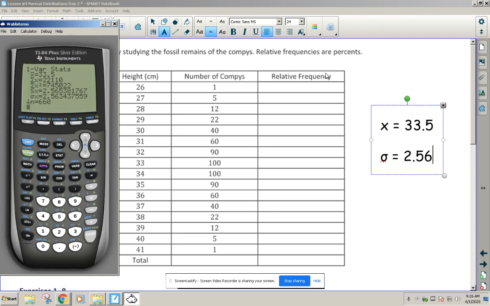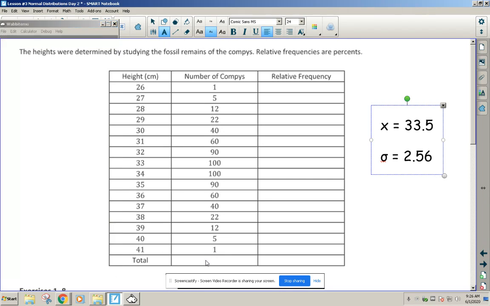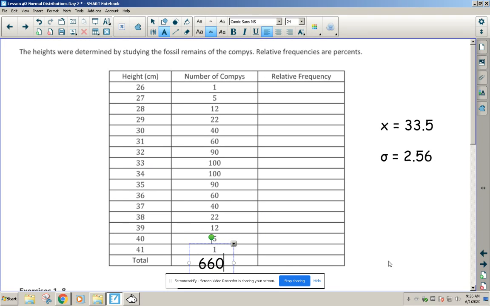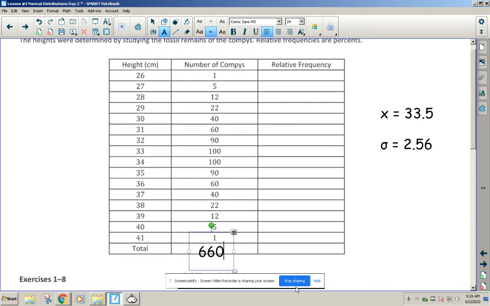Now, relative frequencies are percents. So we do a percent by saying, well, I have to know how many compies I have. So now look at, here's my N. This N is 660. So here I have 660. And then to find the percent, now, here, let's see, that's 11.